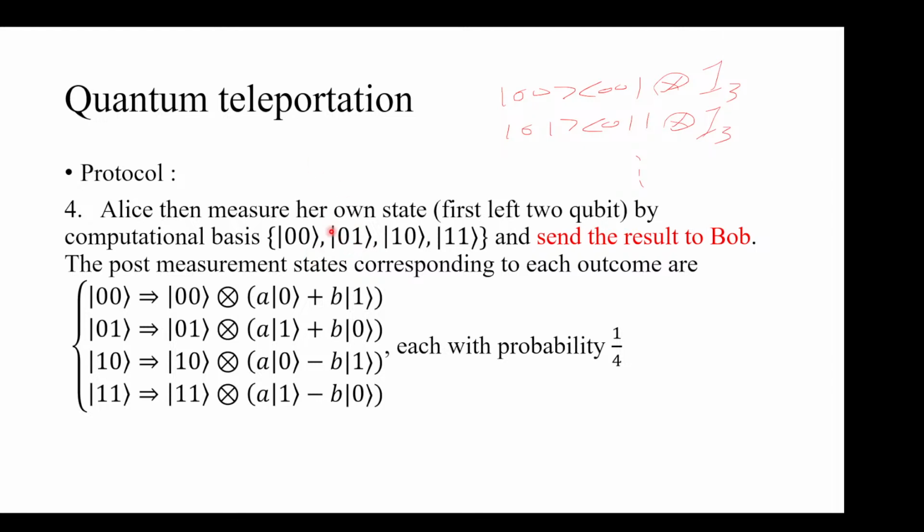Measuring in the computational basis means you apply the projector onto the computational basis to your state. So let's write down the 4 projectors: |0,0⟩⟨0,0|, |0,1⟩⟨0,1|, |1,0⟩⟨1,0|, and |1,1⟩⟨1,1|.